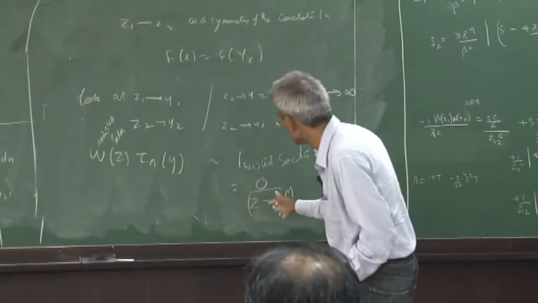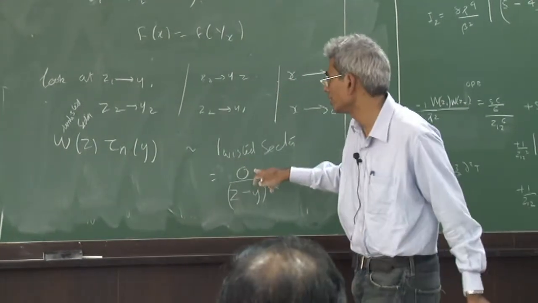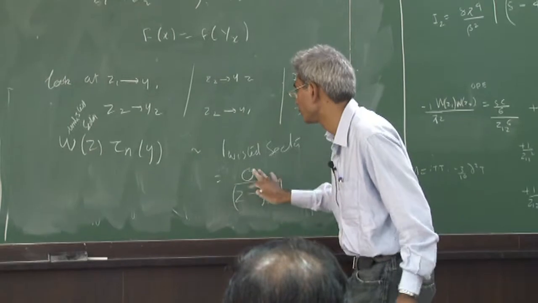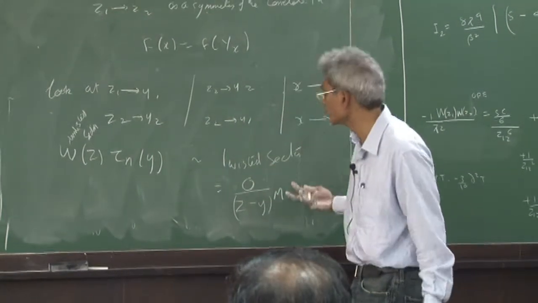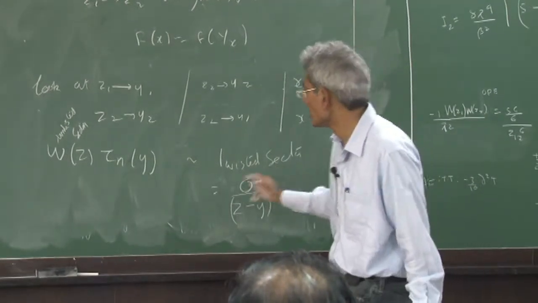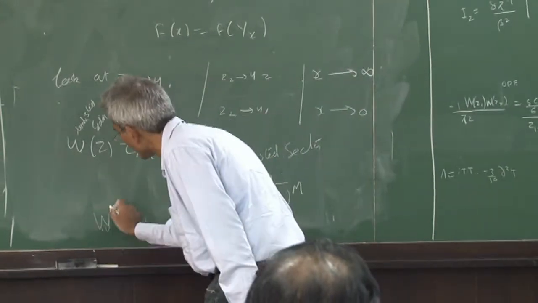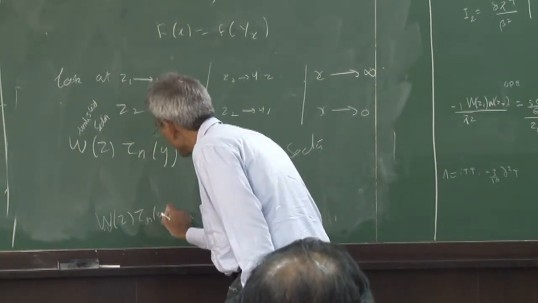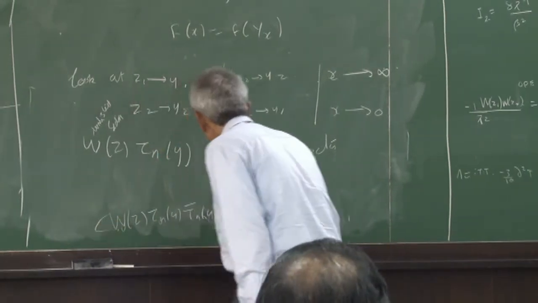You would imagine, okay, it's a twisted sector, so let's ask what is the first state in the twisted sector. You can put tau n itself or tau n bar itself, but that structure constant is 0 because W of z, tau n at y, tau n bar at y is 0.